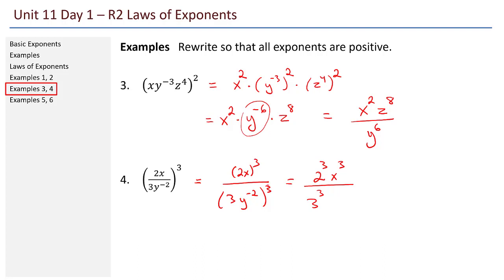So this becomes y to the -6. All right, so 2 cubed is 8, so I get 8x cubed. 3 cubed is 27, so that's 27. And then y to the negative 6. Well, how about if I just use this trick where I bring that y to the negative 6 up, and I'll change the negative 6 into a positive 6. So y to the 6, just like that.